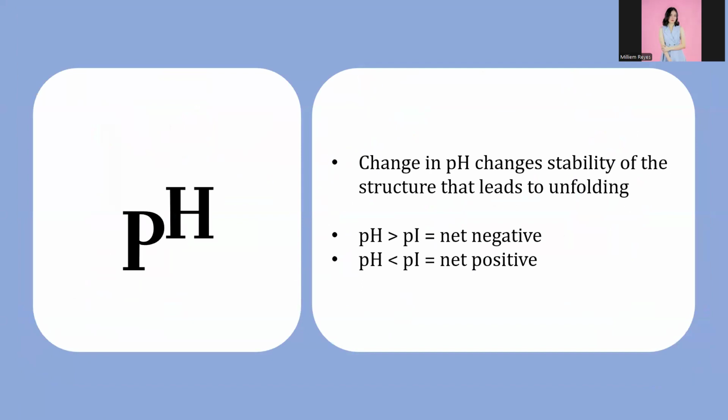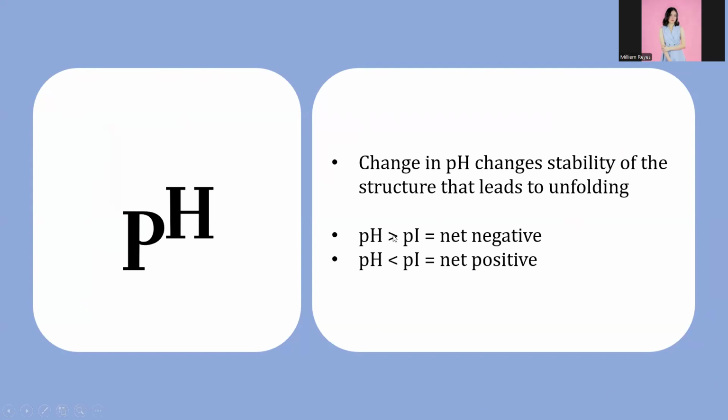Next, we have our pH. pH changes the stability of the structure that leads to unfolding. Isipin nyo na lang, kasi 'di ba dun sa Zwitter ionic form ng inyong amino acid, nagche-change siya 'di ba? Pag nasa acidic na solution, nag-accept ng protons, magiging more positive siya, while in a basic solution, it will lose the protons and become more negative.